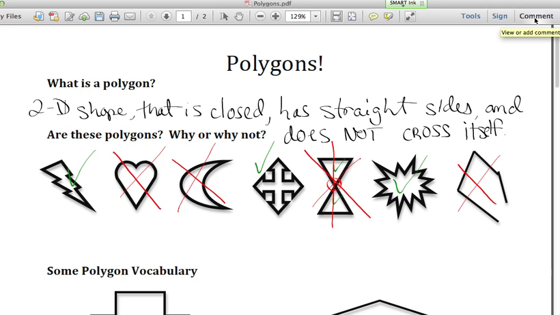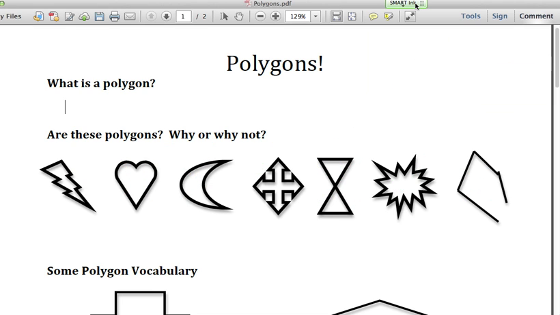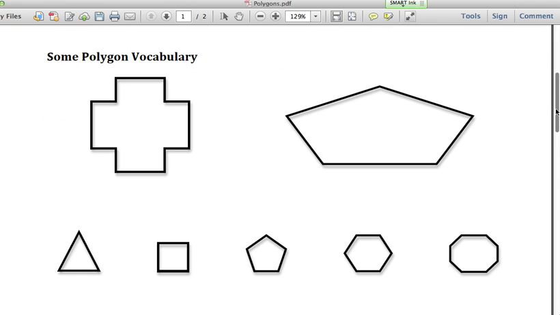All right, so I'm going to go ahead and get rid of this and do some scrolling. You can do the same. We're going to go down here and get some more polygon vocabulary. If we talk about one side of a polygon, it's simply called a side. Right here, we're talking about the corners of a polygon, and there are many of them.